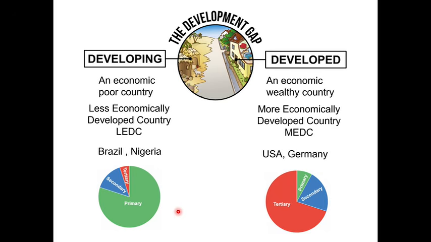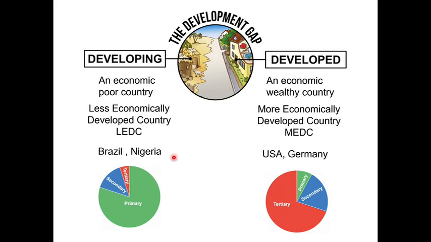Have a look at the green here, the primary activities, like, for instance, farming. Look at the large percentage that farming has in this pie chart. And then you look at your tertiary, which means your services, and look at the small amount of services in your developing countries.